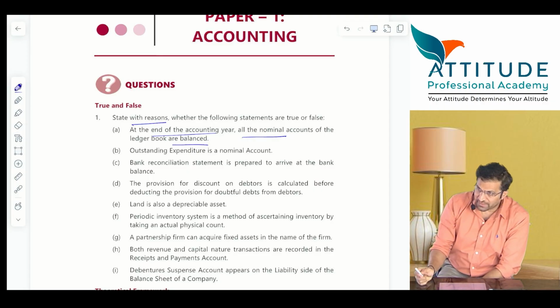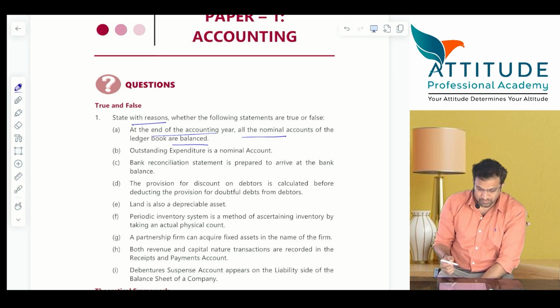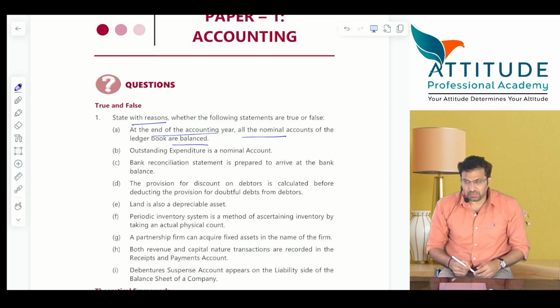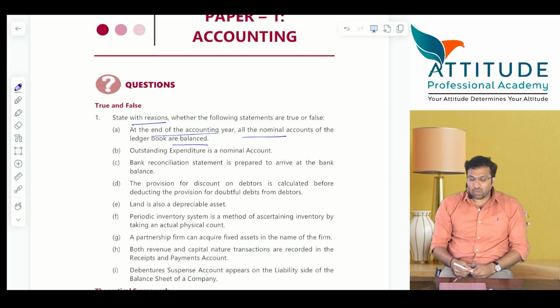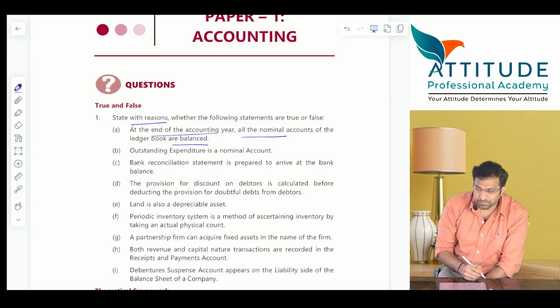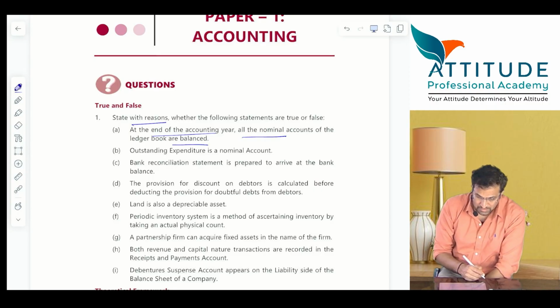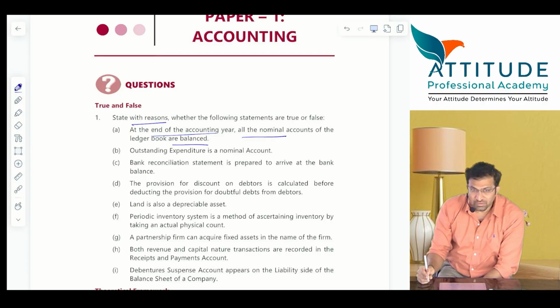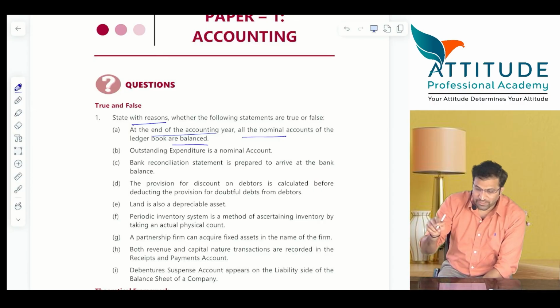At the end of the accounting year, all nominal accounts of the ledger book are totaled and transferred to either trading account or profit and loss account.